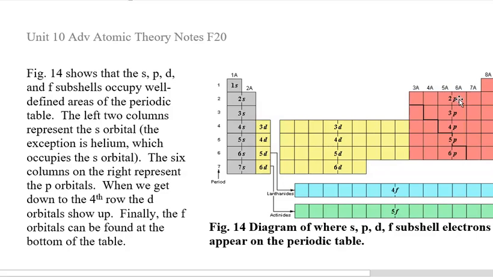Then you get to oxygen right here. It has 2 electrons in its 2s, and then it has 4 electrons in its 2p orbital. Next you get to fluorine, 2 electrons in its 2s and 5 electrons in its 2p. And finally you get to the end of the row, that's neon.